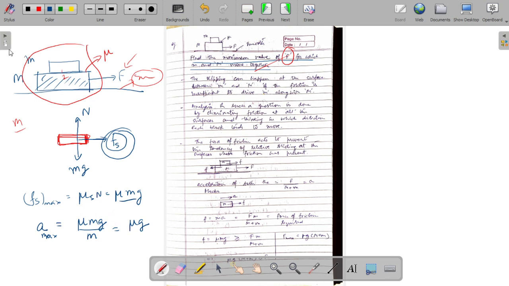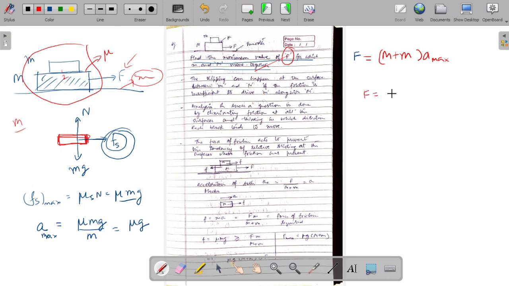Now let us consider the whole system as one, as a one block system. So for this whole system, what is the external force acting on it? The external force acting is F. So we'd say that the whole system would be having mass capital M plus small m, and its acceleration would be the value A max, since the blocks are not sliding relative to each other.